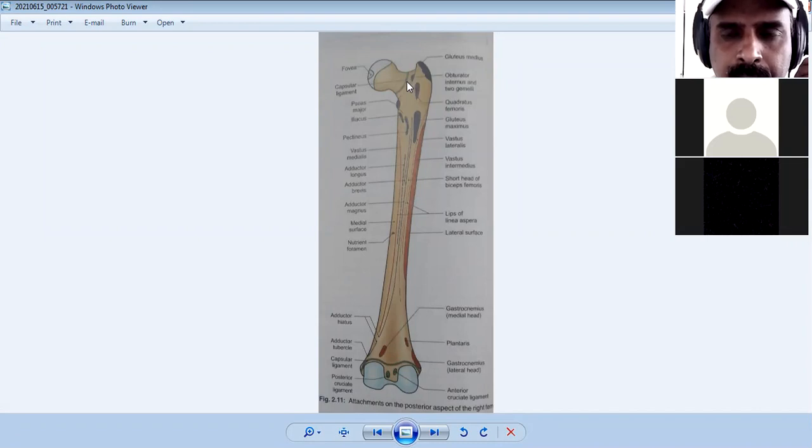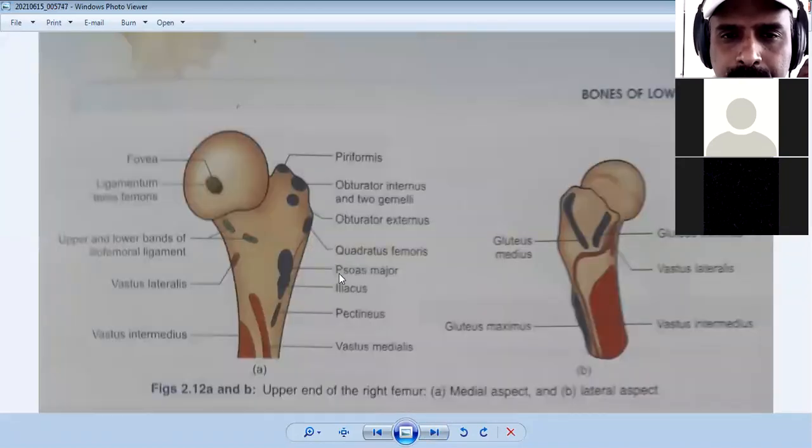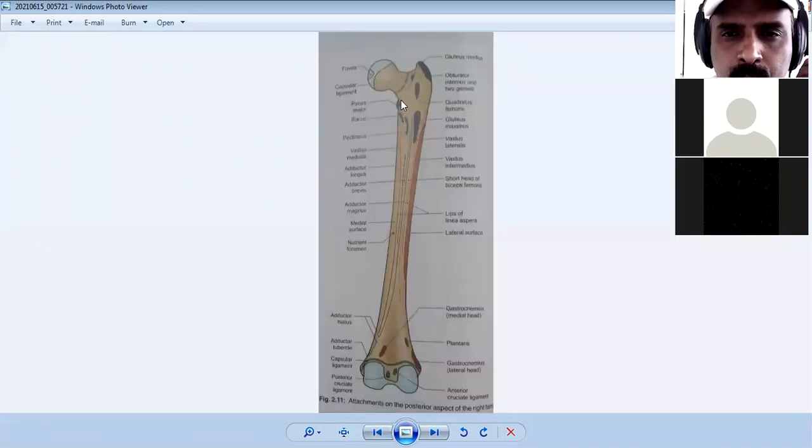The rough area above the intertrochanteric fossa is for the obturator externus. So these are all the attachments of the head and greater trochanter of the femur, that is the insertions. Going to the lesser trochanter, you have to explain the attachment of the psoas major at the apex, and iliacus and pectineus.